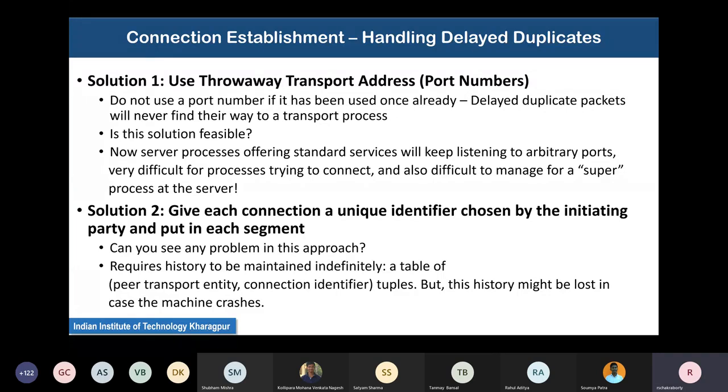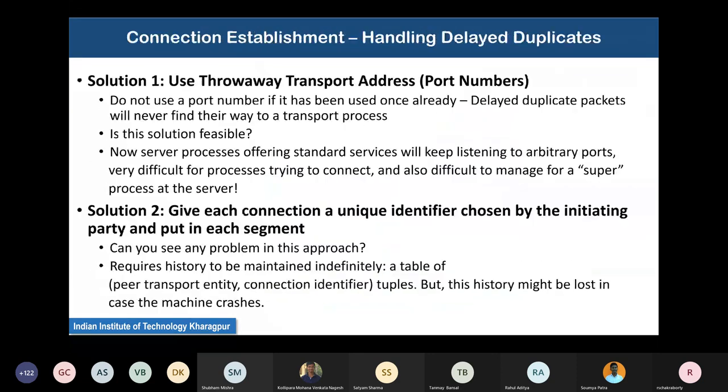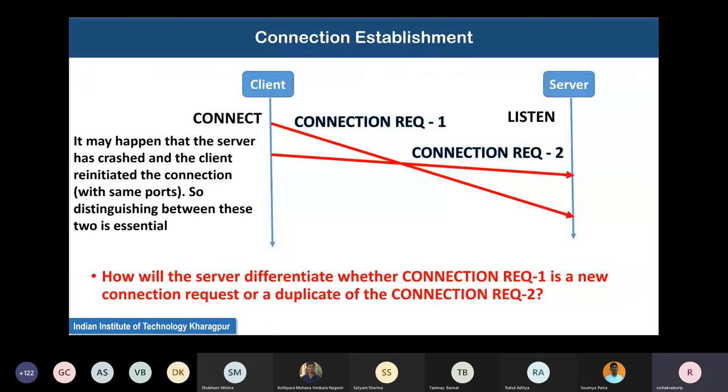Fine. In that case, what happens? Well, connection request 1 and connection request 2 both will have the same identifier. Okay, because connection request 1 has not been acknowledged back to the client.